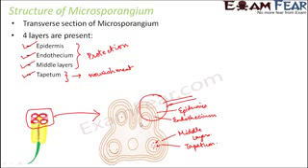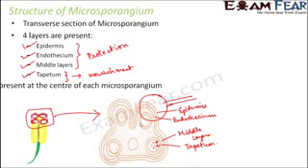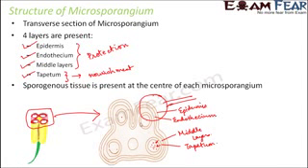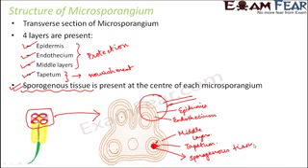And now, what is there inside the microsporangium? Inside this microsporangium, that is at the center of each microsporangium, we have a specialized tissue called sporogenous tissue. So this is the sporogenous tissue. What will this sporogenous tissue do?